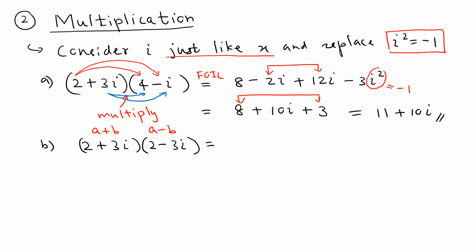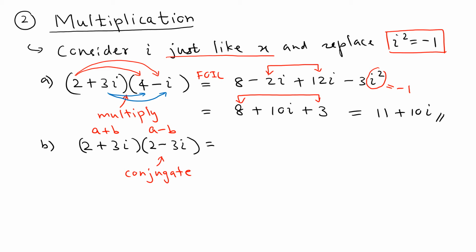And we know that when you have terms like that in complex numbers, we call the second one the conjugate of the first one. So it's the conjugate of 2 plus 3i, or you can say 2 plus 3i is the conjugate of 2 minus 3i. So it's the other one.